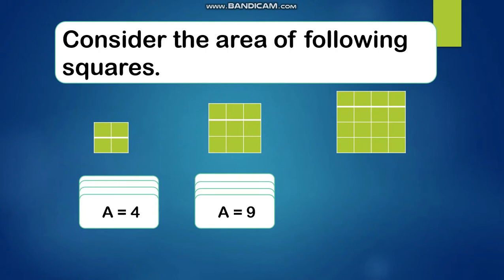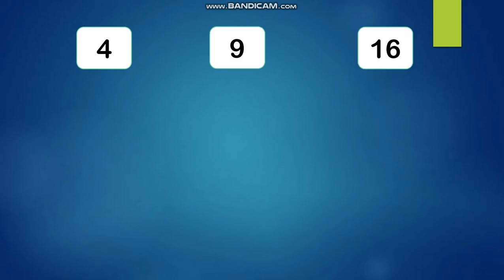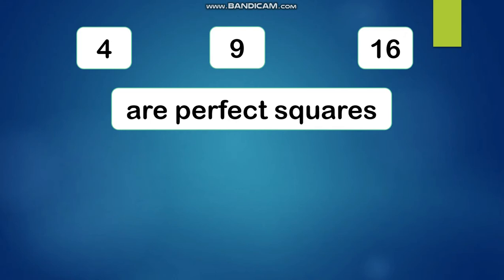Now let's have the third square. Again, area is equal to s squared. And notice that the side of this square is 4. So we have A is equal to 4 squared, and that is expressed as 4 times 4, and the area is equal to 16. Notice that 4, 9, 16 are perfect squares.